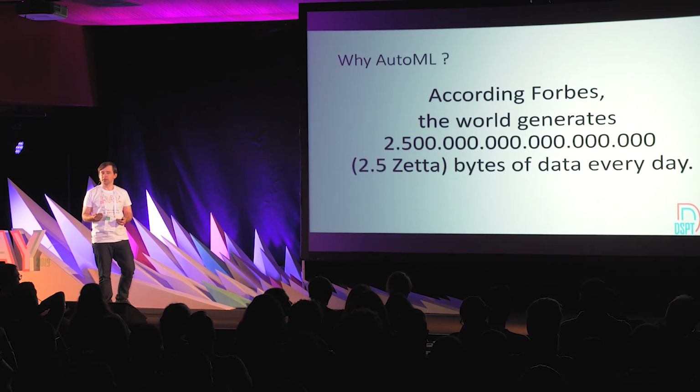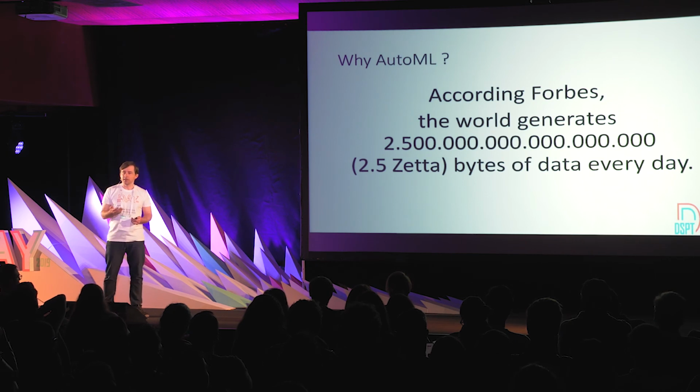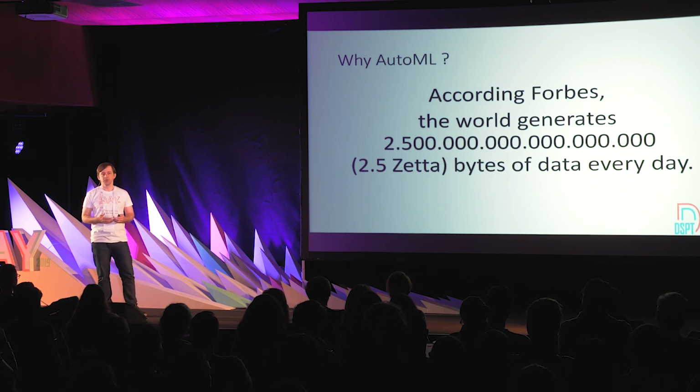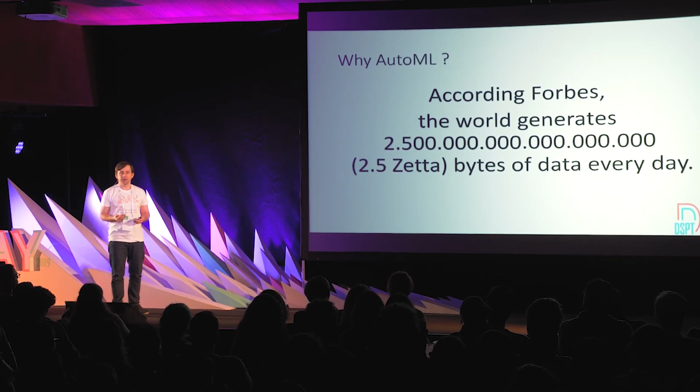So why autoML? Why use it? I built some slides trying to explain why it's important to use autoML. According to Forbes, the world generates a lot of data per day. It's 2.5 zettabytes, and it's growing exponentially, right? It's a lot of data.